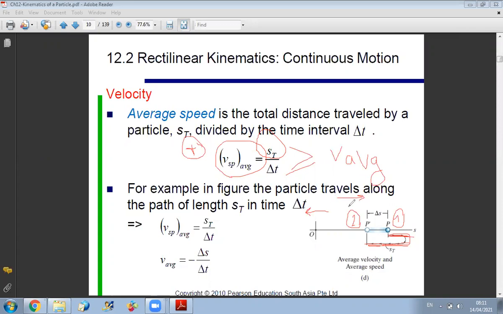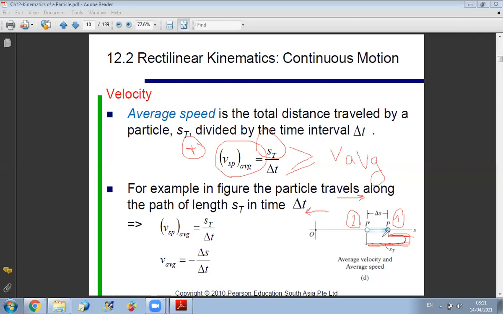If I'm going to the right or to the left, it will depend on the sense of motion. So if I have a negative sense of motion, and I'm not changing sense with time, then v speed will be equal to minus v average. Or we can say that v speed, the average speed, is equal to the absolute value of v average.